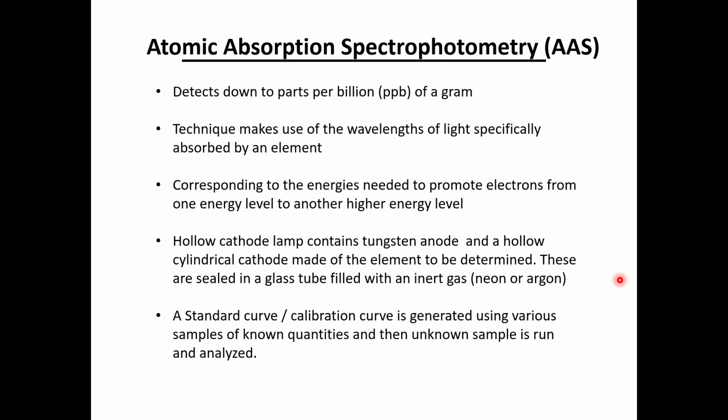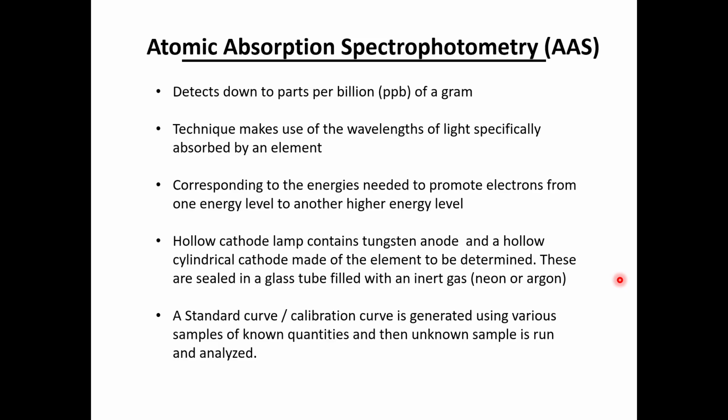The last one is atomic absorption spectrophotometry, or AAS. It detects down to 40 parts per billion, or ppb, of a gram. This technique uses a wavelength specially absorbed by an element, corresponding to the energy needed to promote an electron from one energy level to another.